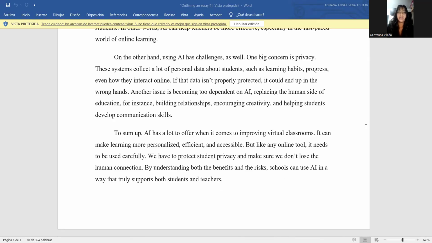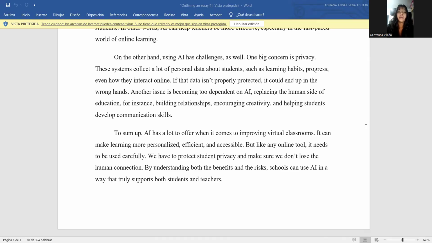Schools must protect students' privacy and also ensure that human interaction, which is fundamental for emotional, social, and academic development, is not lost. AI is a useful tool, but it cannot replace teachers and much less the human bonds that are generated in the classrooms.